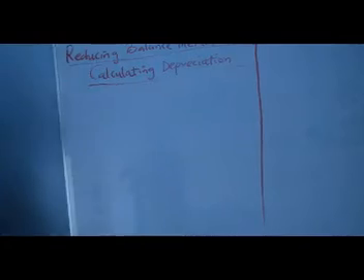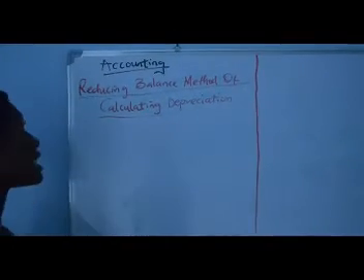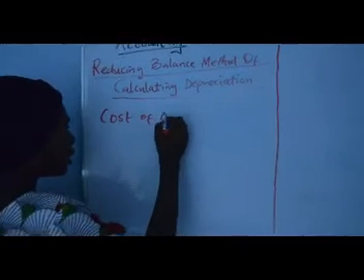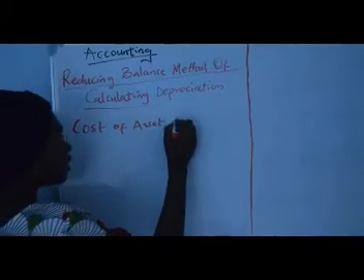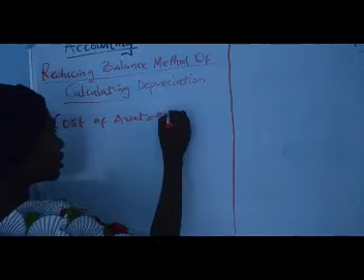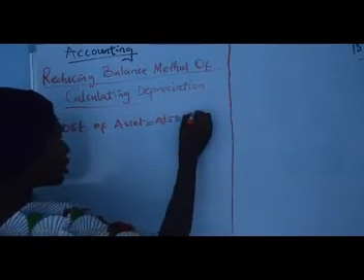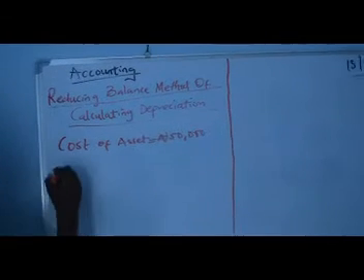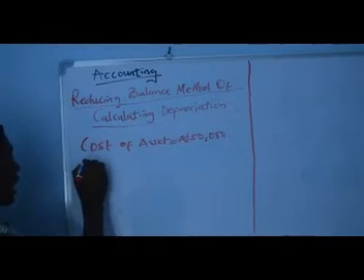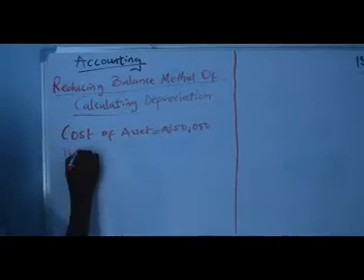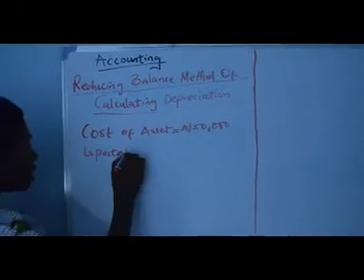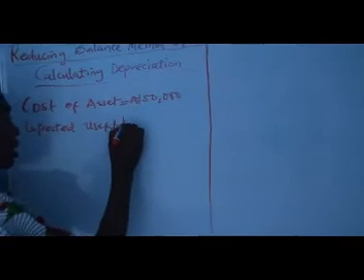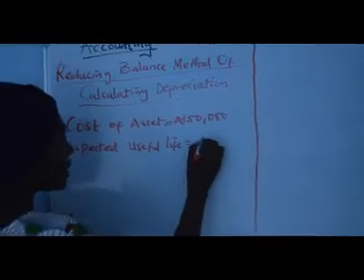Alright, so from our question we have that an asset was purchased at 50,000 naira. Okay, this was our cost of assets, 50,000 naira, and it was expected to last its expected useful life, which is 4 years.